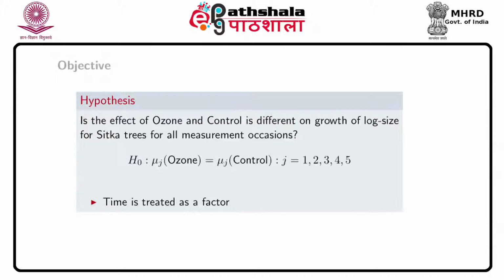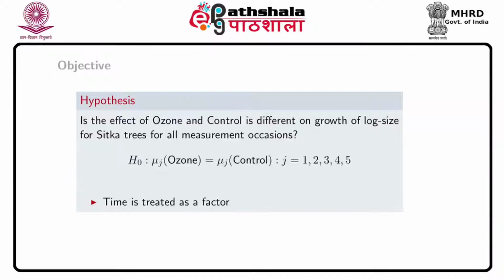One way could have been to fit models treating growth as a continuous function of time, and we would be doing that in the later part of this series where we start modeling the Sitka trees under marginal models and under linear mixed models.